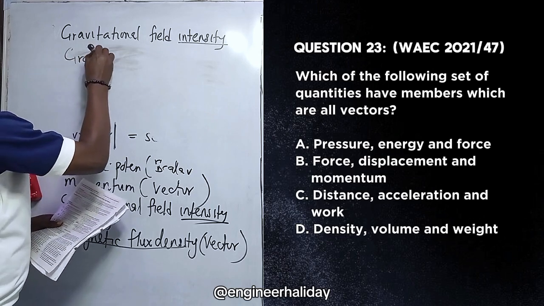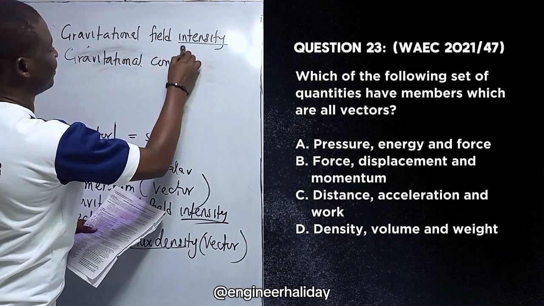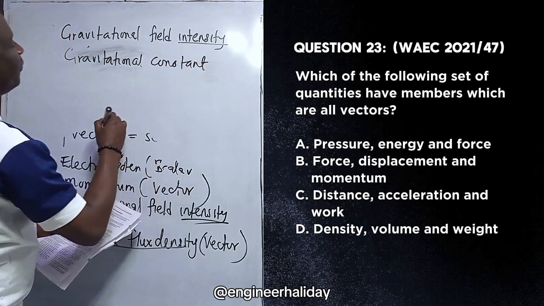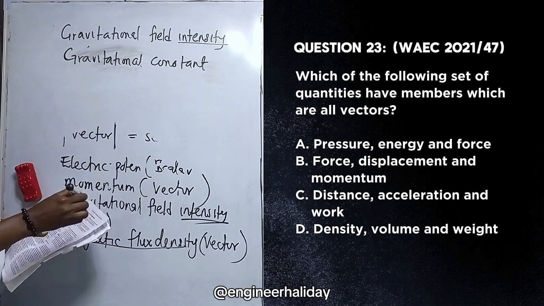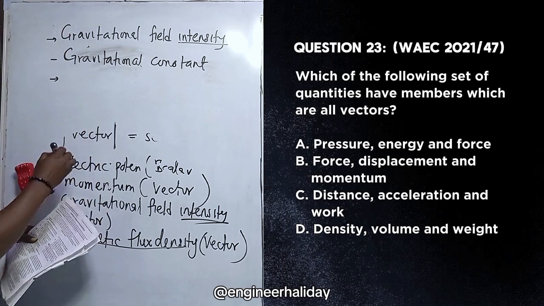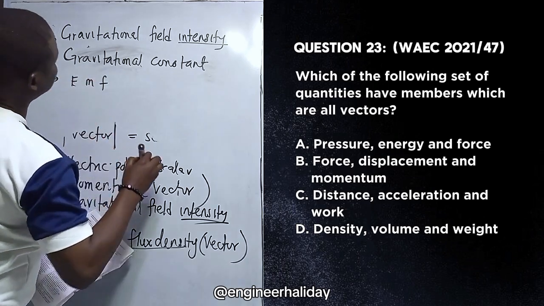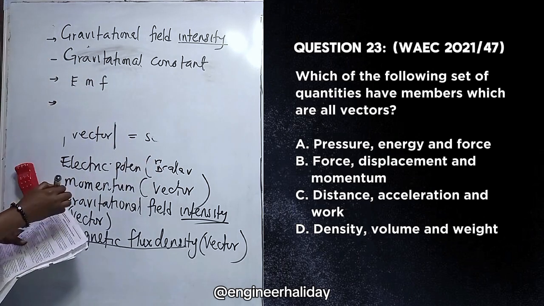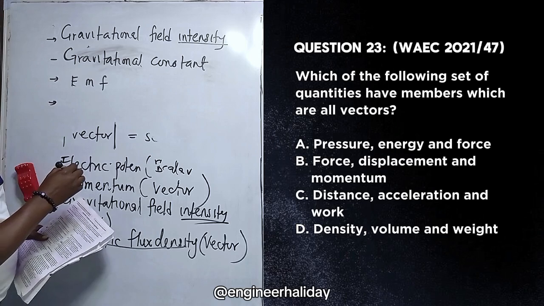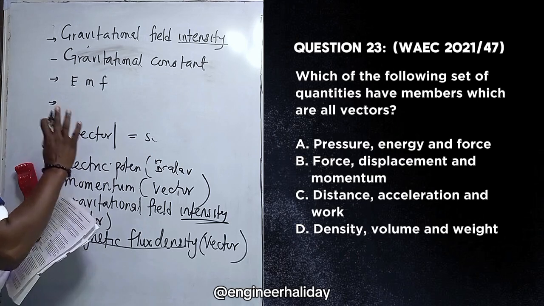Then gravitational constant is another one I want you to make research about. Is it scalar or vector? What about EMF, electromotive force? Is it a scalar or vector? Classify them and type your answer in the comment section for me, because I'm done with this chapter.